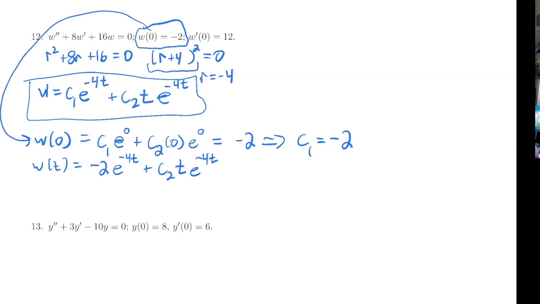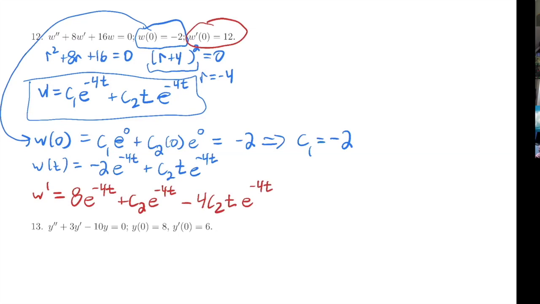And so now we can plug in that information, namely that the constant C1 should be -2. And then to find what constant C2 is, I would need to use this condition over here. So I need to find first the formula for the derivative of W. So that would be the formula for the derivative.